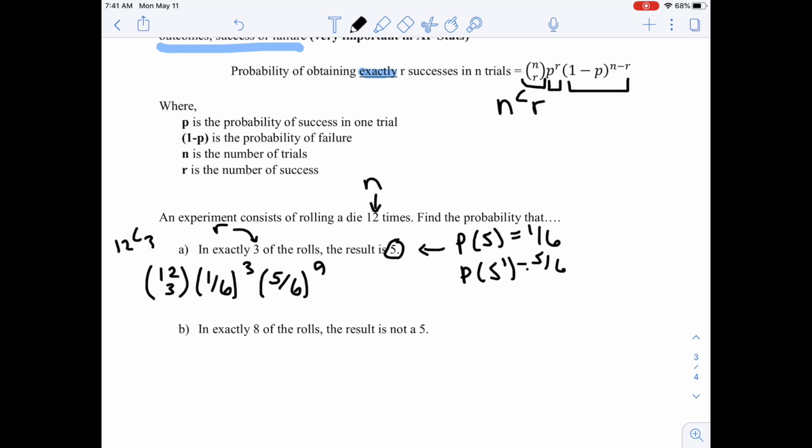So go to the calculator to figure this out. Again, go to find your nCr option. 12 choose 3, and then we got 1/6 to the 3rd, and then we got 5/6 to the 9th.